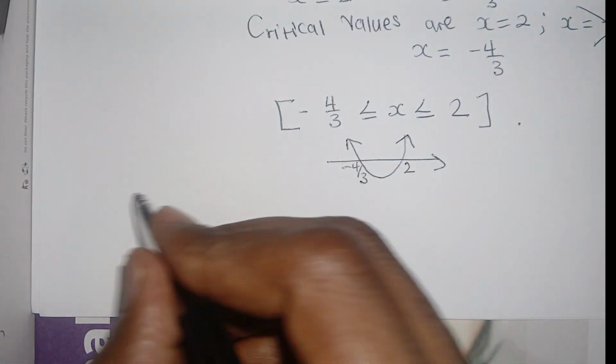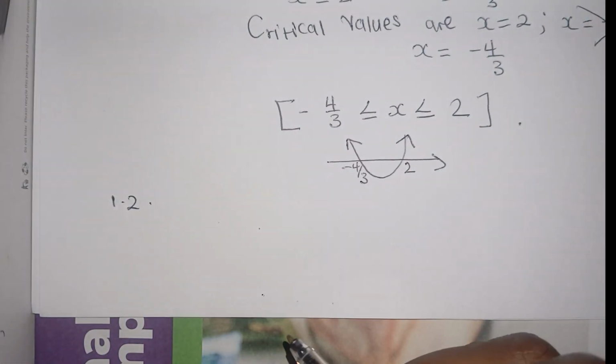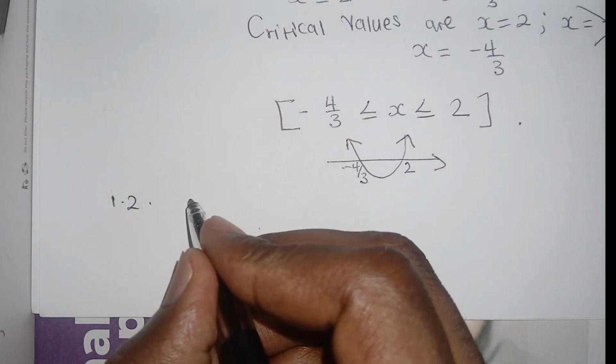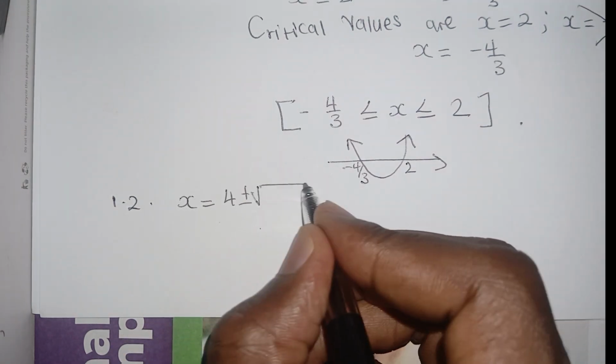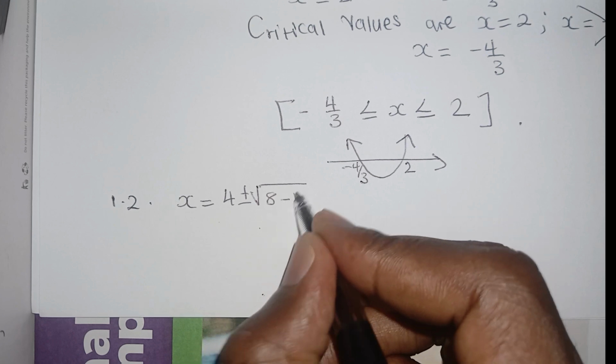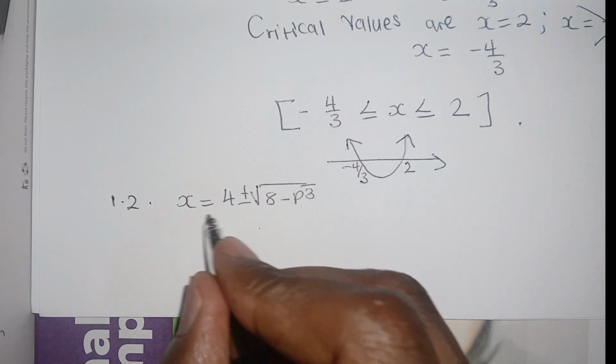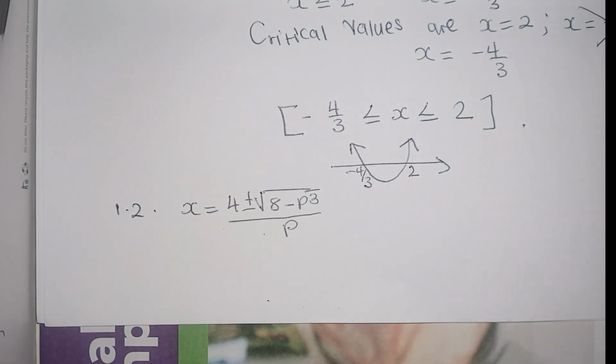So 1.2. The question is: the roots of a quadratic equation in terms of p are given as follows. Right. So x equals 4 plus or minus the square root of (8 minus p cubed), all divided by p.